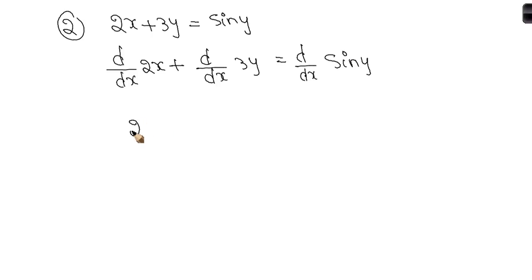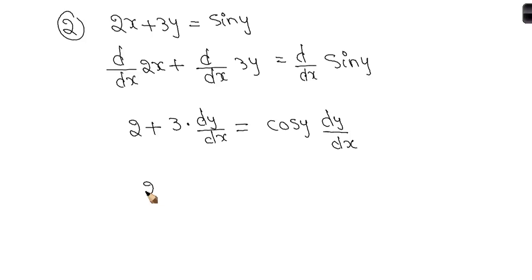So derivative of 2x is 2 plus derivative of 3y is 3 times dy by dx is equal to derivative of sin y, which is cos y into dy by dx. So 2 is equal to cos y minus 3 into dy by dx.